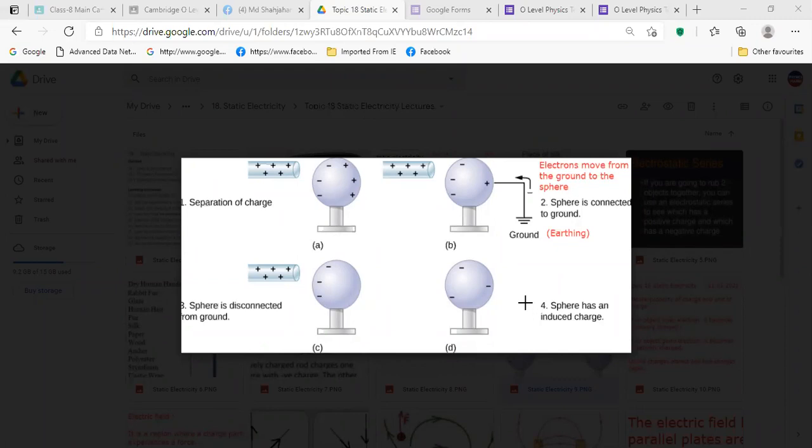Like you are having here this sphere negatively charged, right? Finally, you are getting negatively charged. Now, someone is asking you how you will get a positively charged sphere. What is the way? Then what should be your answer?